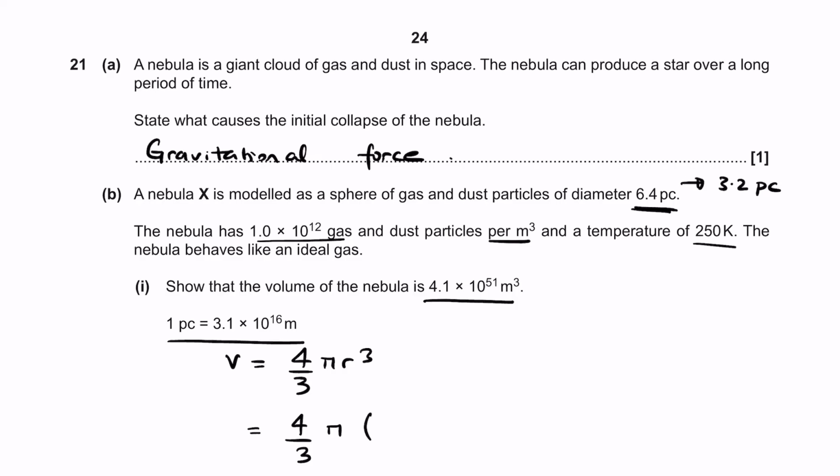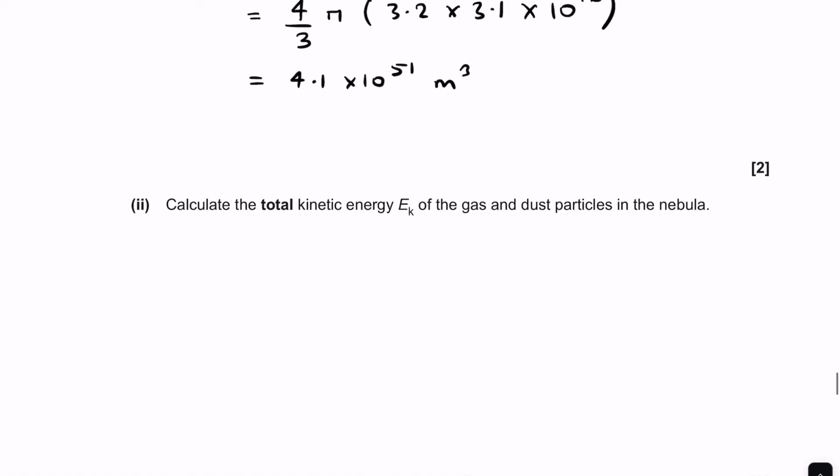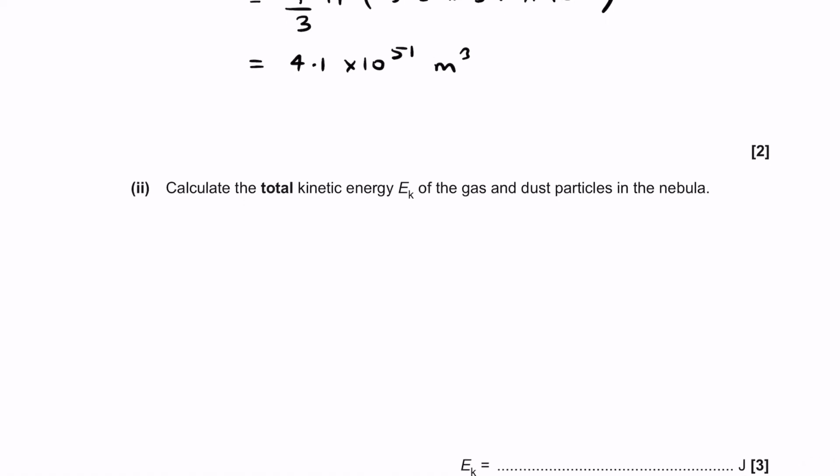So 3.2 times 3.1 times 10 to the 16 meters, cubed. And once you pop that in the calculator, you end up getting 4.1 times 10 to the 51 meters cubed. That's humongous. Anyway, part II. Calculate the total kinetic energy of the gas particles and the dust particles in the nebula.